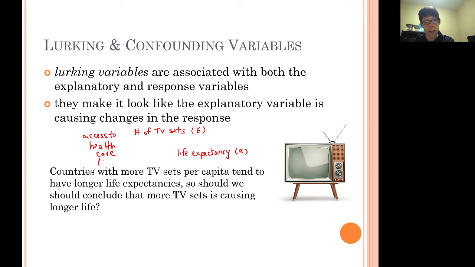So this would be our lurking variable, access to healthcare. It's somehow connected to the number of TV sets, obviously connected to life expectancy, and of course our TV sets and life expectancy look like they're connected to each other, even though there's this other variable in the background that could potentially be explaining this connection. So access to healthcare is potentially our lurking variable here because it's connected to both our explanatory and response variables in this particular scenario.